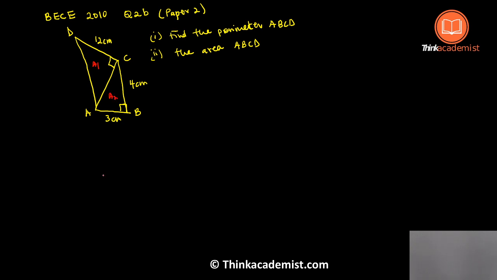Because of this, it means it's 90 degrees, and 90 degrees in a triangle tells us that triangle is a right angled triangle. So this one too is also a right angled triangle. We are going to use the knowledge of right angled triangles to solve this.